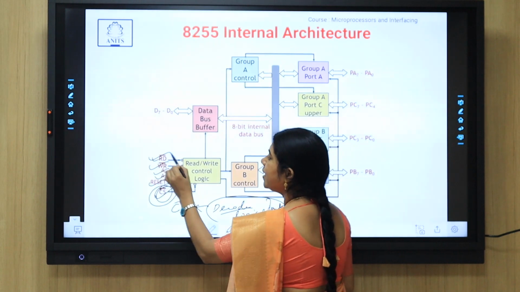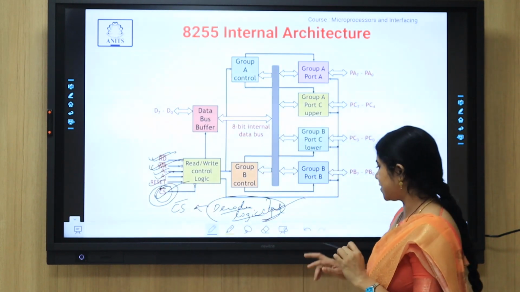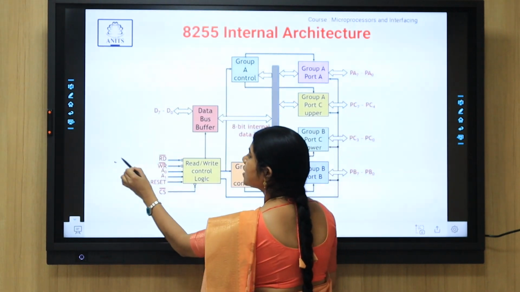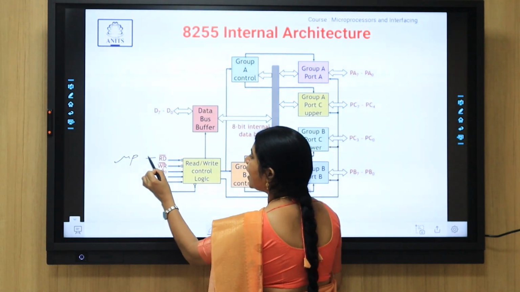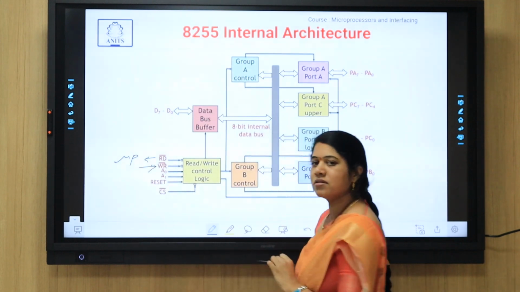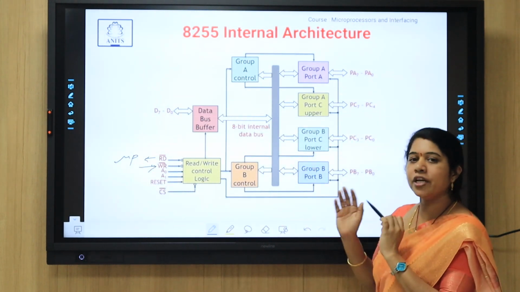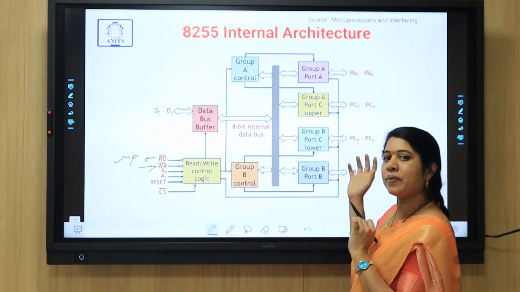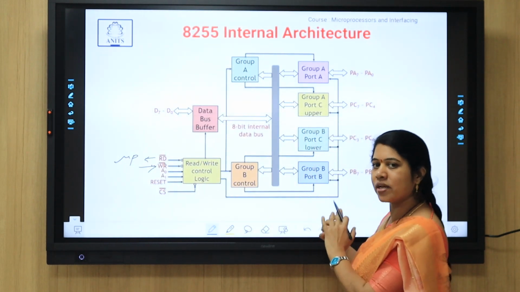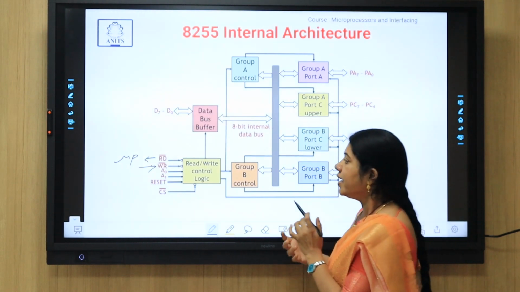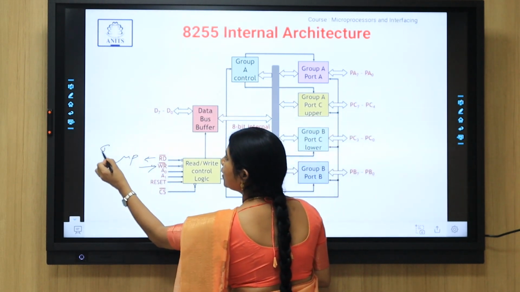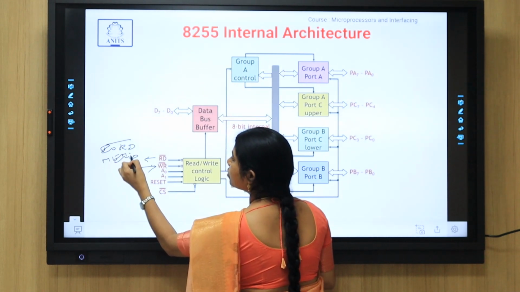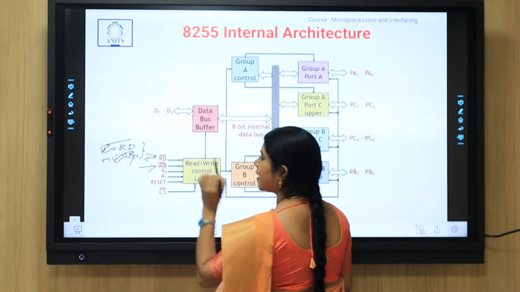Let us see the read and write bar control signals. These are two active low signals. Through these, the processor can perform read and write operations with the input and output devices. Whenever the processor has to perform a read operation, meaning the processor has to read something from the input device, it has to connect the IO read or memory read signals to this read bar signal.